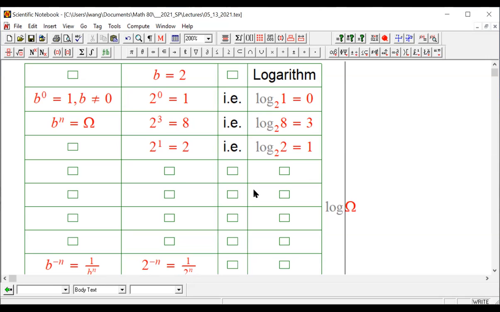Now, I want you guys to practice this. 2 to the power 4 equals 16. Can you write the logarithm form of it?